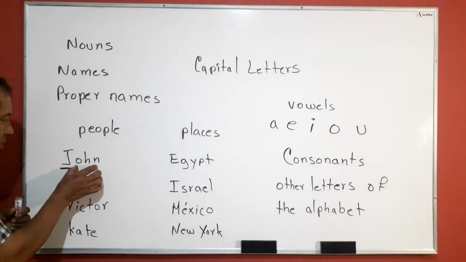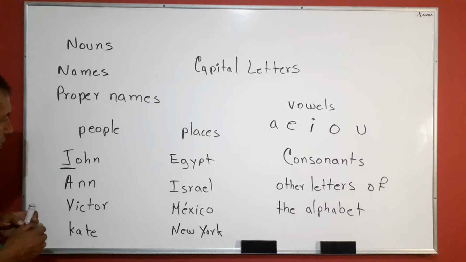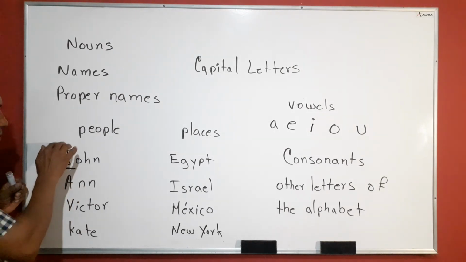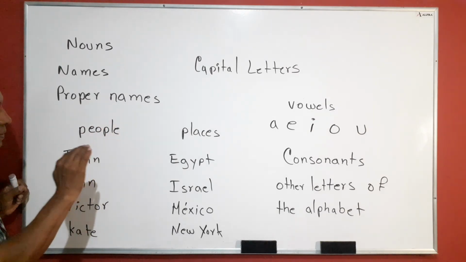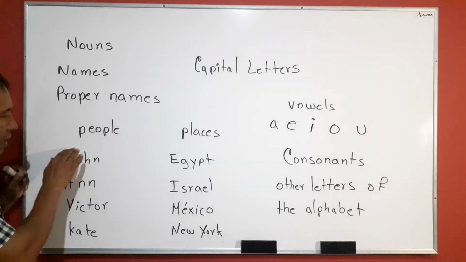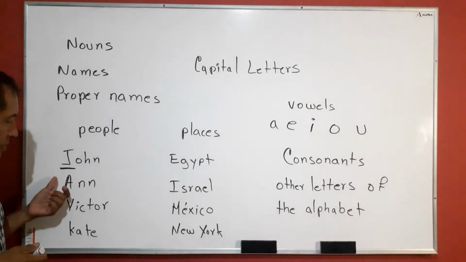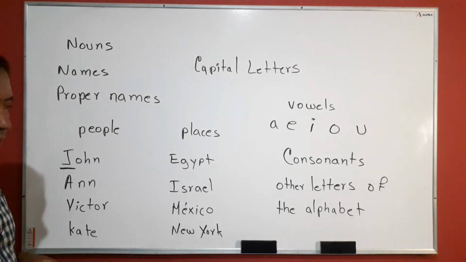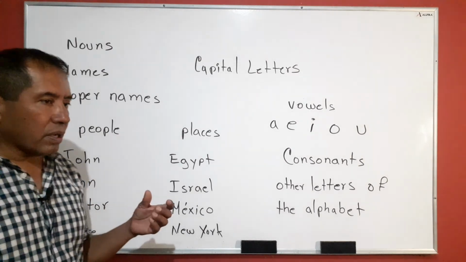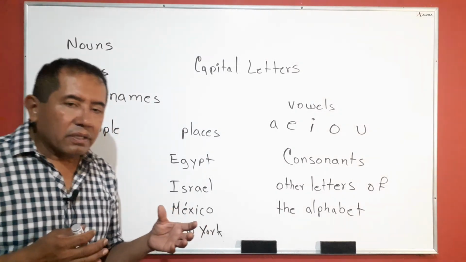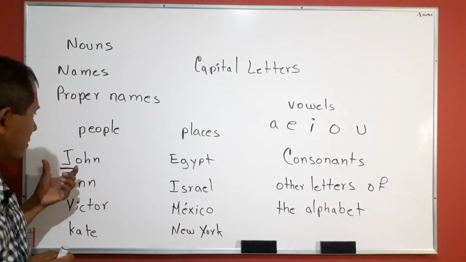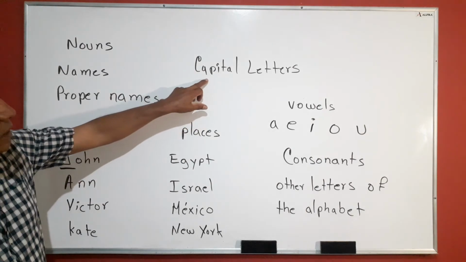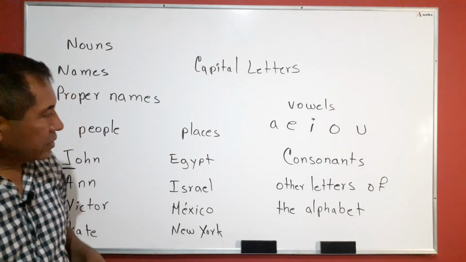The other ones are small. So just the first one is a capital letter in proper names. This is very important in writing. If you want to write correctly, you need to know that proper names start with a capital letter.